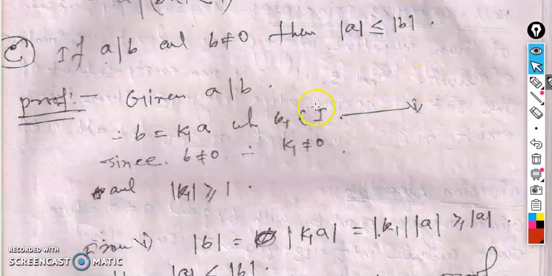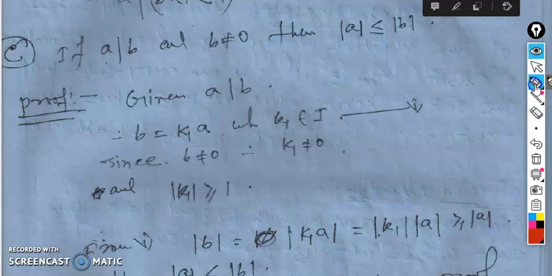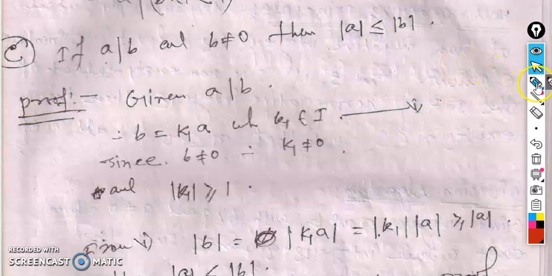So if B is a non-zero quantity, then the mod value of A should be less than or equal to the mod value of B.